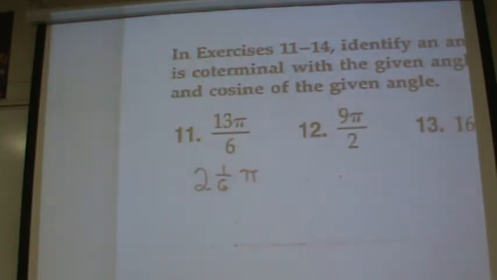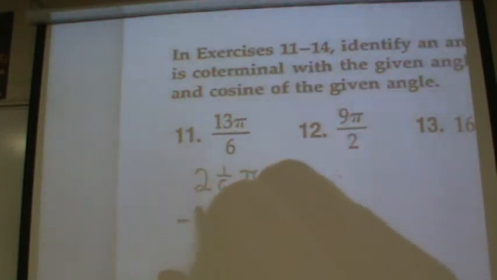We want to be between 0 and pi. So we went around and then some. We want to take off 2 pi. We want to shave off 2 pi. So if we took off 2 pi, what would be left? Yeah, exactly.